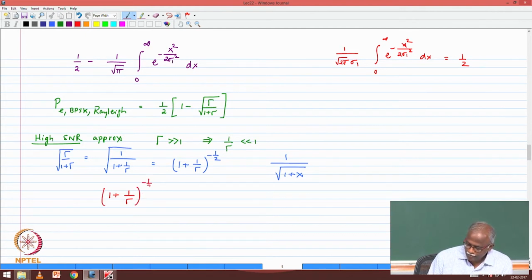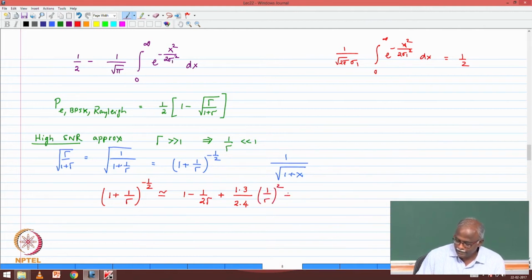So, this series expression can be written as 1 minus 1 half times 1 by gamma plus the series expansion goes as 1 into 3 divided by 2 into 4, 1 by gamma squared. It is an alternating series. The next term will be 1 into 3 into 5 divided by 2 into 4 into 6, 1 by gamma whole cubed plus dot dot dot.